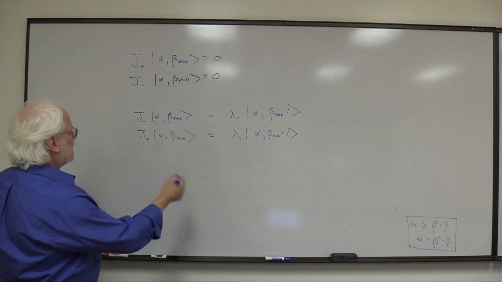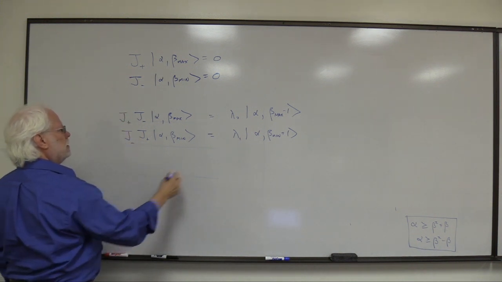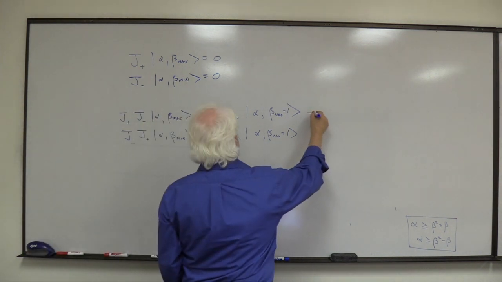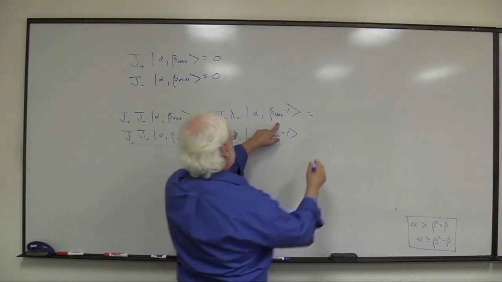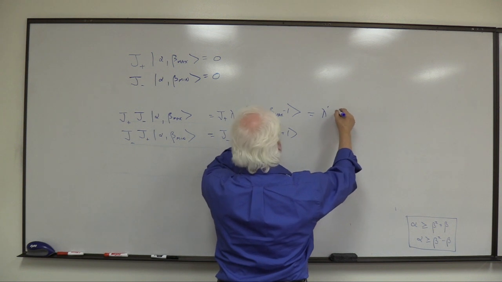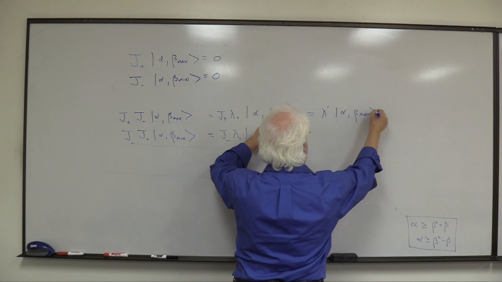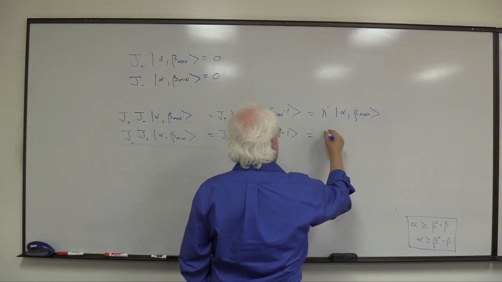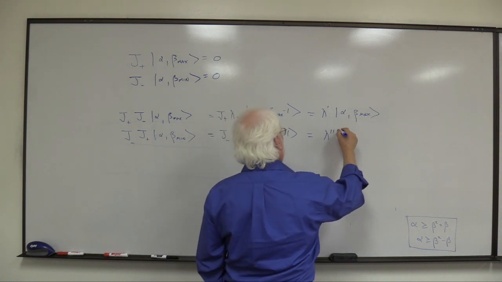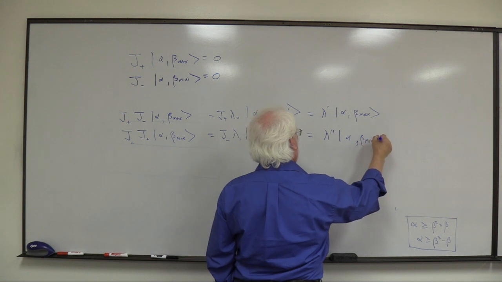So now I can act on this with J plus and this with J minus, J plus here and J minus there. And this will raise it back up. So this will be some new constant, a different lambda, but we're going to have alpha beta max again. And here we'll have some lambda double prime, let's call it, with alpha and beta min.